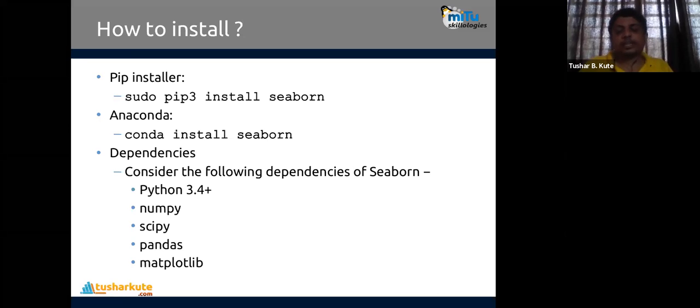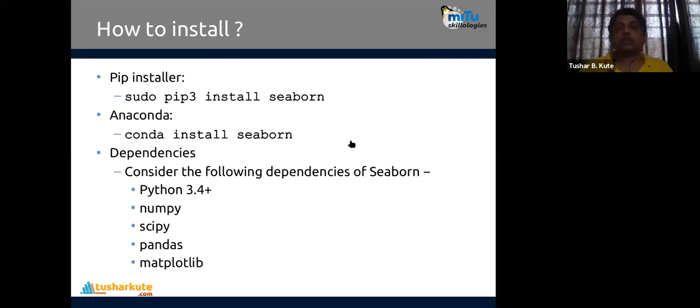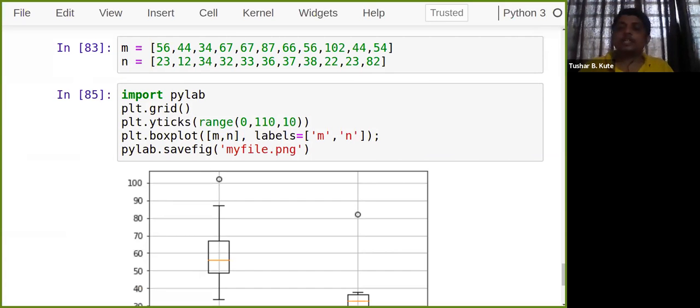Okay, now let's see the practical implementation and the different kinds of graphs present in Seaborn. Let's go to the practical part. I'll move to Jupyter Notebook and create a new file.